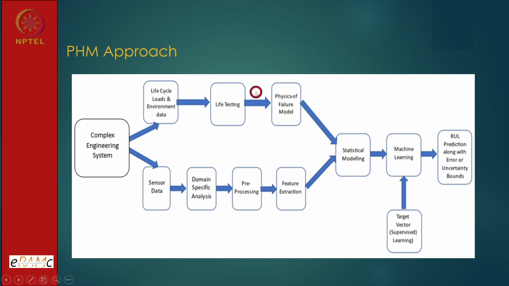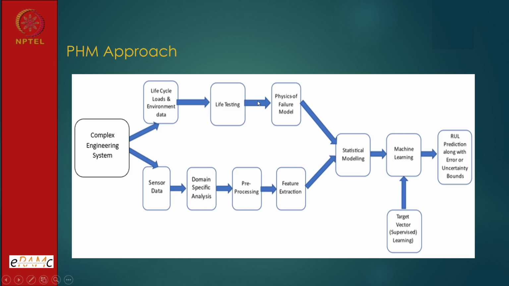One is called the physics of failure approach, wherein there is a system or component, system structures or component, whatever is your subject. Then you have life cycle loads that you have data about, and with that we do life testing and environmental testing under high temperature, humidity, or whatever stresses are critical to the life of a particular component.